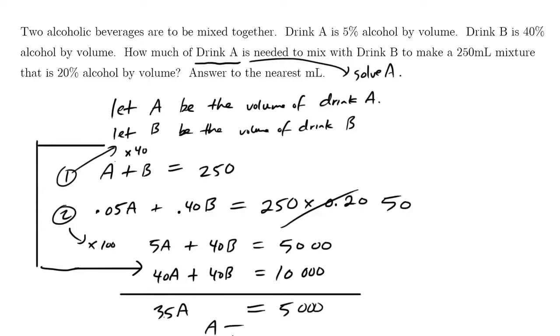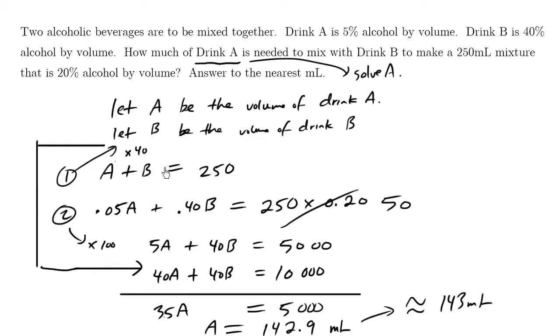We get A equals 142.9. We're talking about milliliters. So rounding to the nearest milliliter, we need to throw in approximately 143 milliliters of drink A into the cup so that we generate a 250 milliliter mixture that's 20% alcohol by volume.